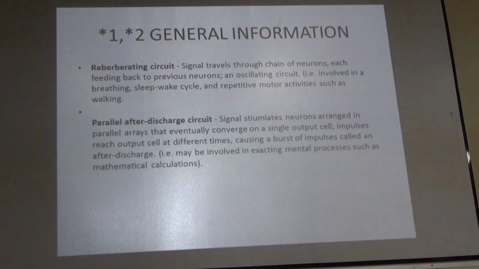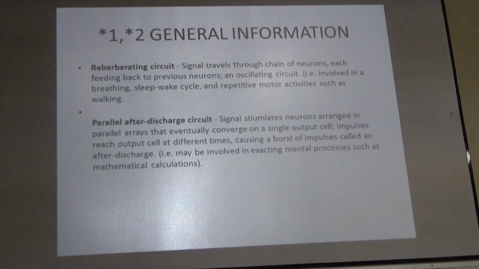Okay? So read it. Signal, you understand? Message. It stimulates the neurons arranged in parallel arrays. Did you understand? Parallel arrays mean parallel layers. Easy? One layer, second layer, they are parallel. And in the other case, series means connected with each other, so that they eventually converge.